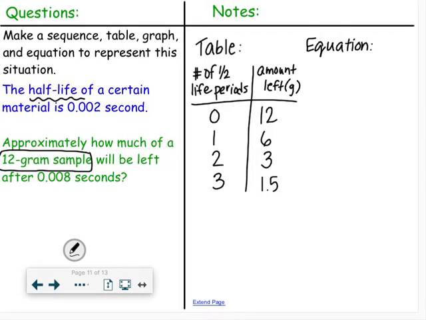To write this equation, y equals... half-life is like a decay. But the difference in the formula is that with a half-life, you know that it's being cut in half. So you can say y equals 12 times 1/2 to the power of t, like that, or the power of x.